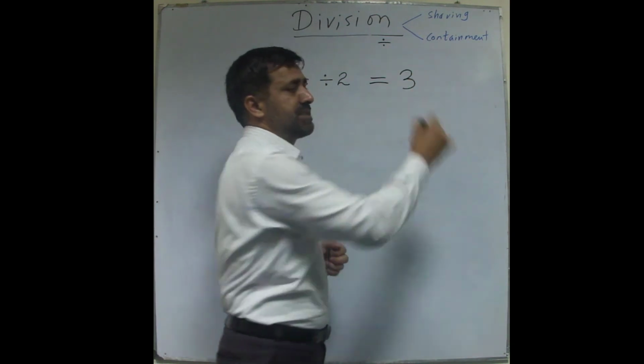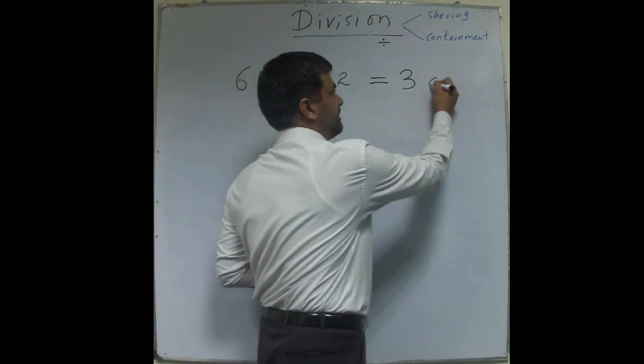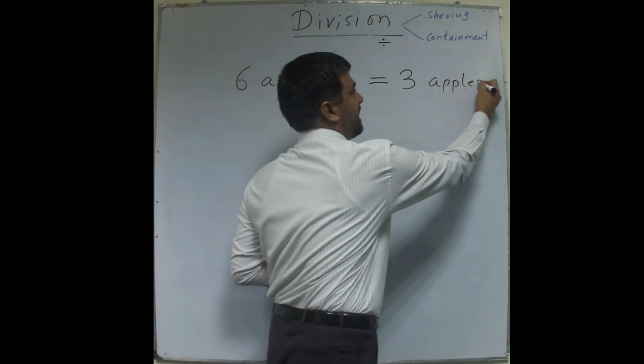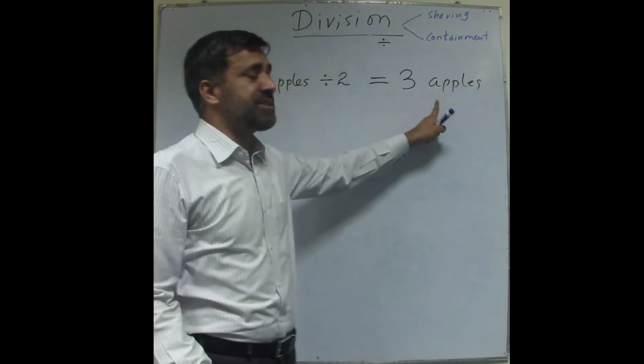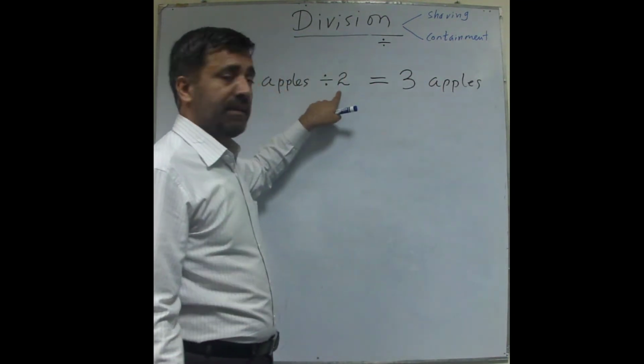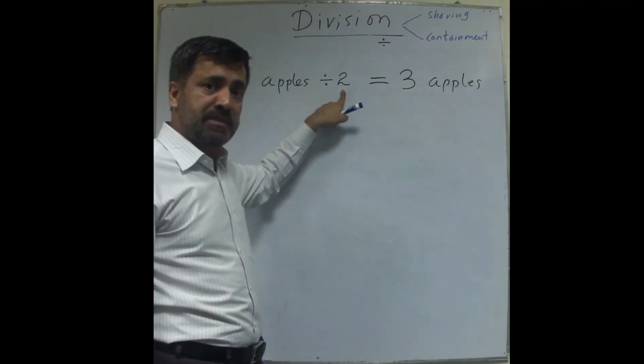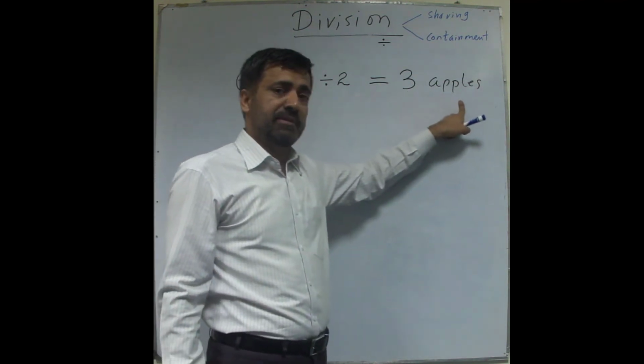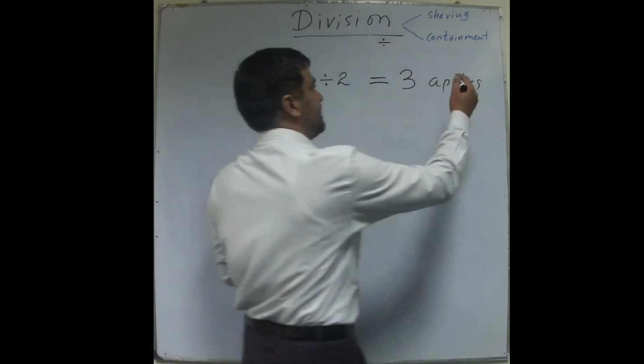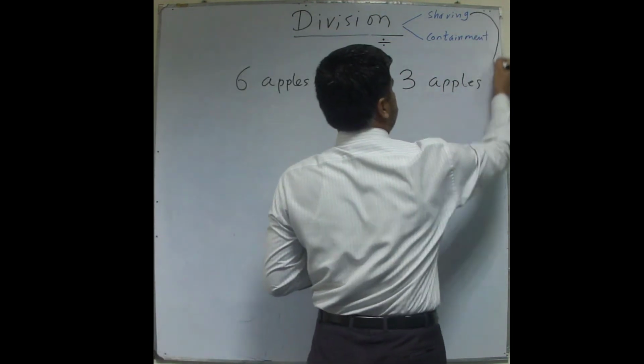So the answer must be 3 apples. I must write apples here, because the question is about sharing. You share 6 apples among 2 groups. Each group contains 3 apples. This is the sharing interpretation.